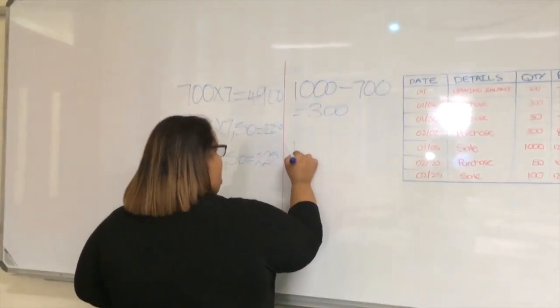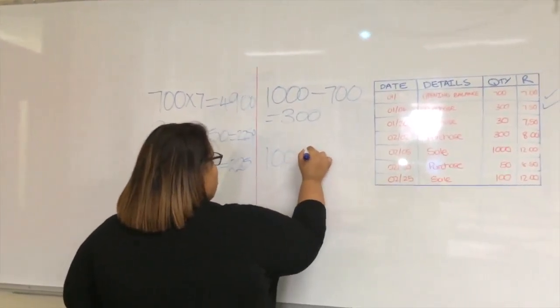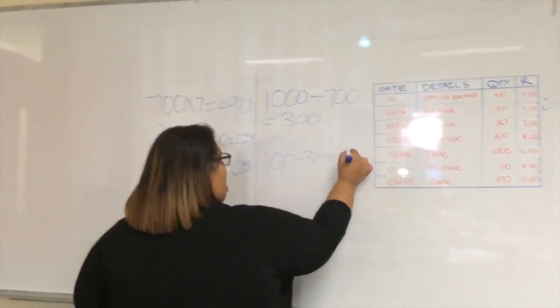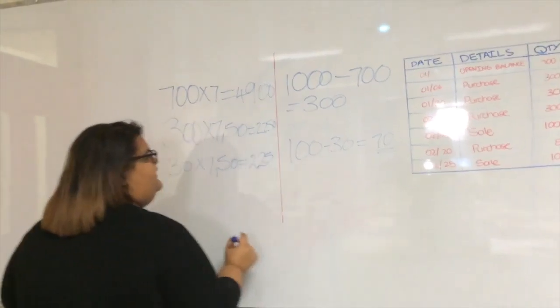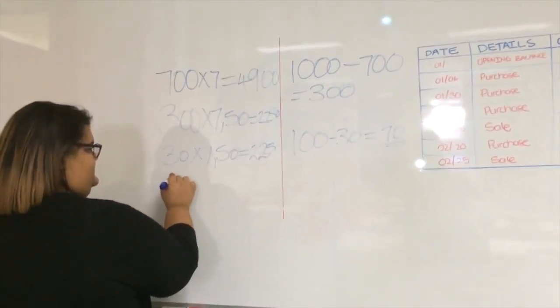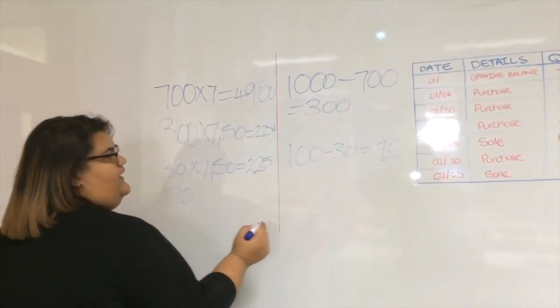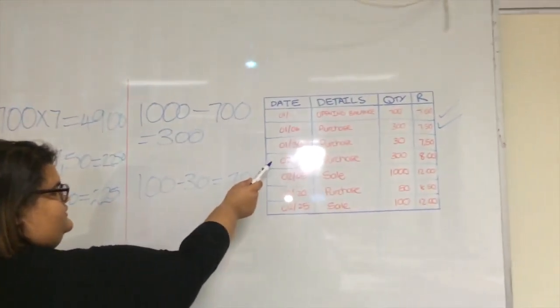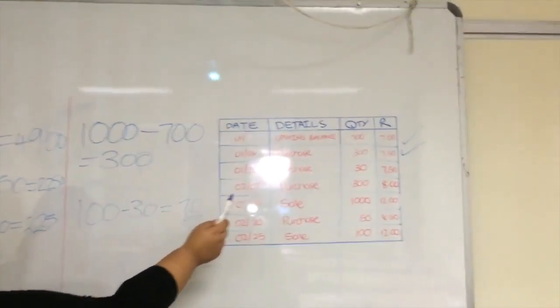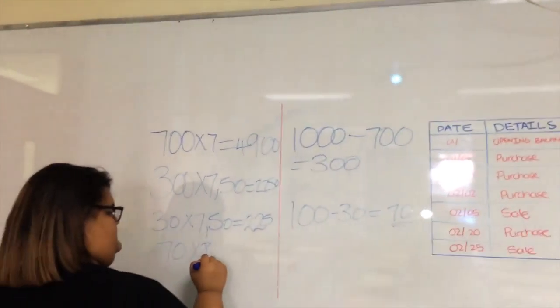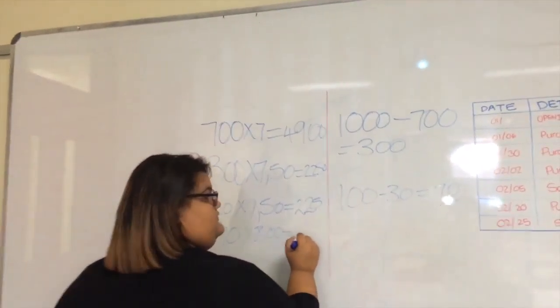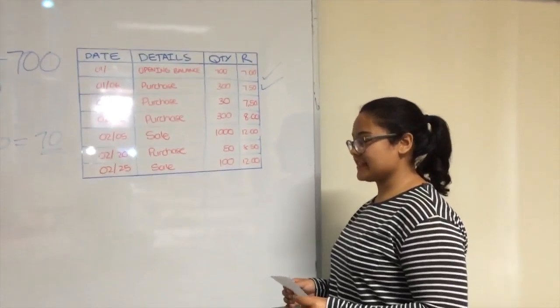But now you say the 100 minus 30 is 70 left. So you still have to account for the 70 over here. So the 70 would therefore come from your next purchase, which was on the 2nd of the 2nd, and that was at 8 Rand. So then the answer would be 560.